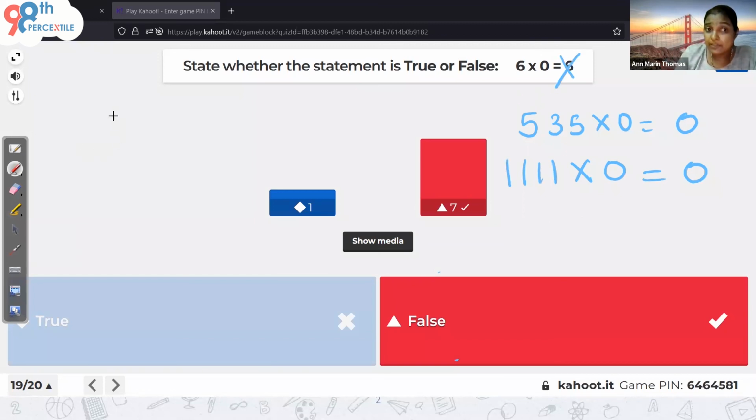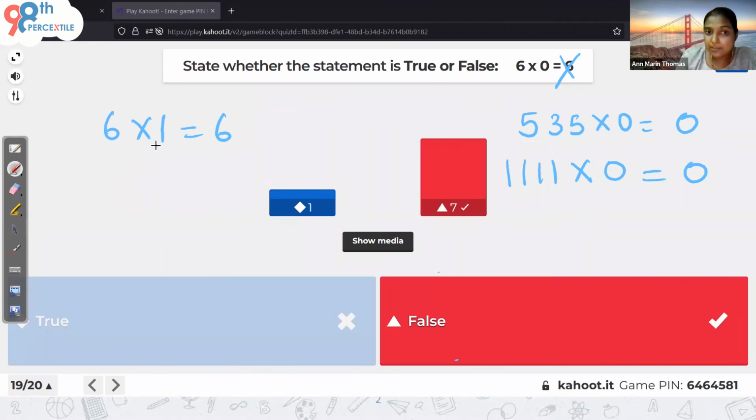But what about if I had 6 times 1? Any number you multiply by 1 is the number itself. But any number multiplied by 0 is 0, be it any number.